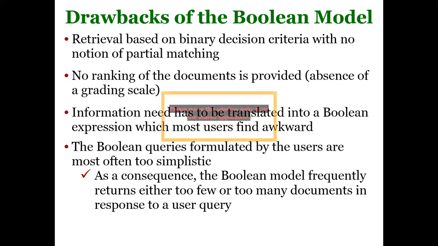Basically, we are comparing in terms of the query terms, not in terms of the document against the query. In the Boolean model we are strictly only considering the presence or absence of the query terms in the given document.